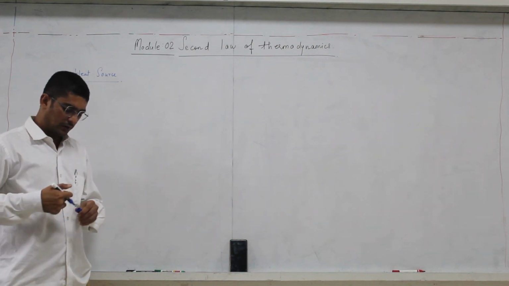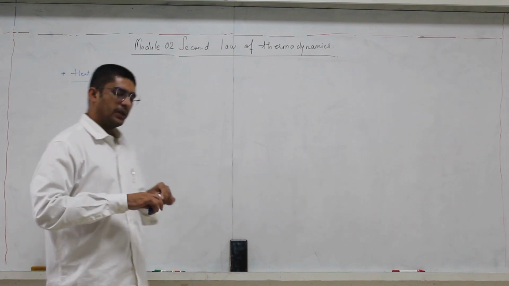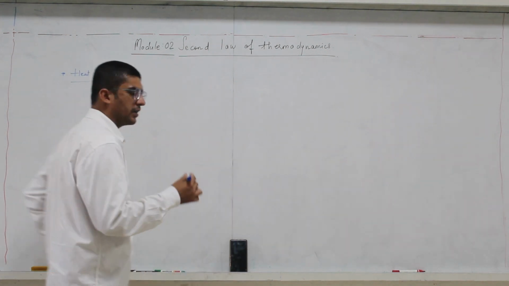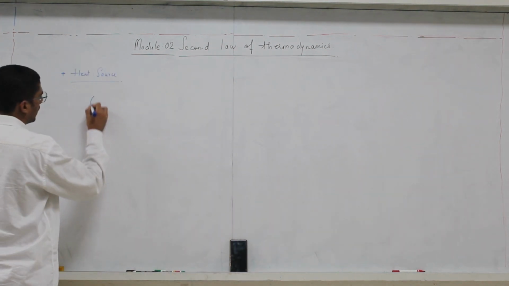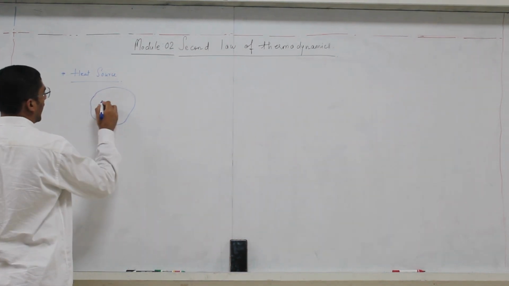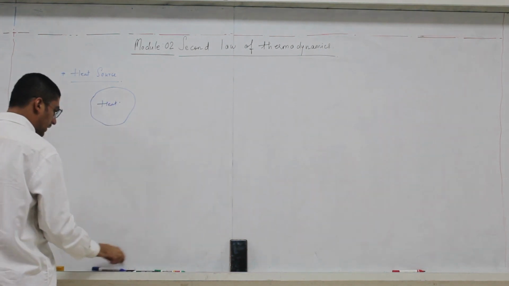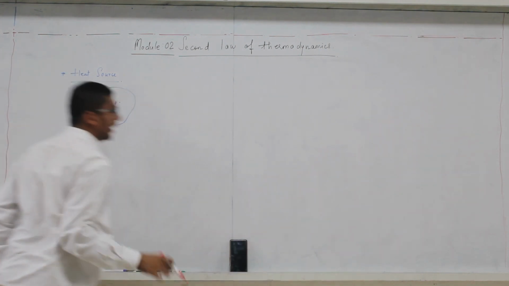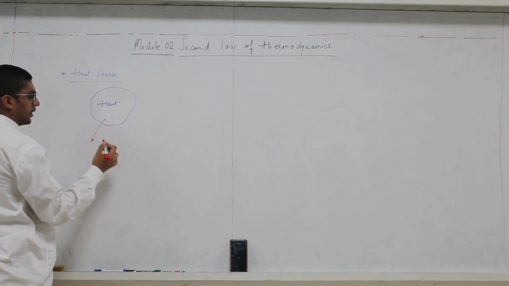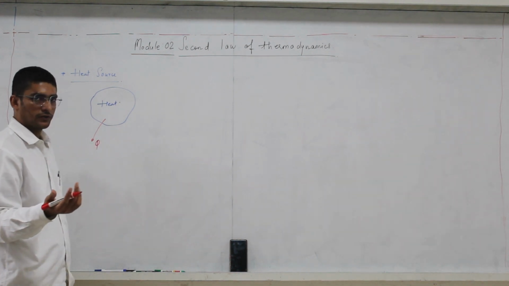So, heat source. The word itself says that it is a mass, or a body, which has a huge amount of heat, and that heat is readily available to get transferred to a particular system, or it can be transferred even to the atmosphere.